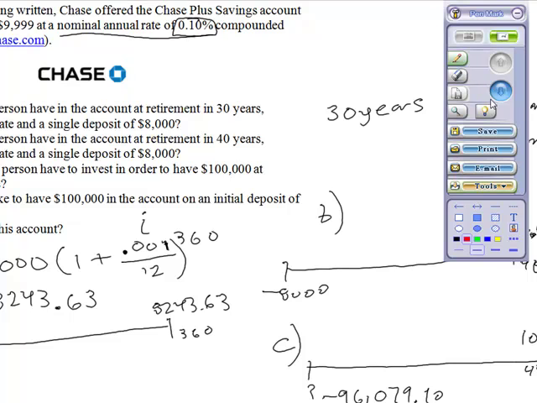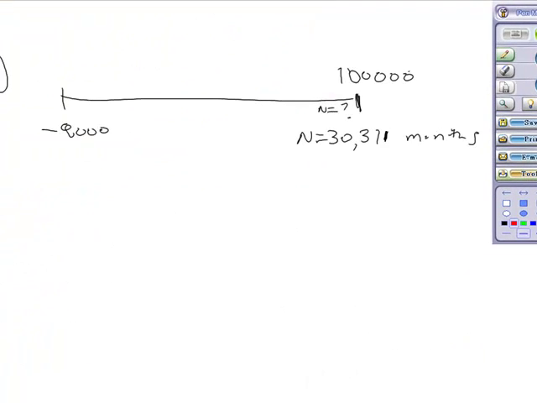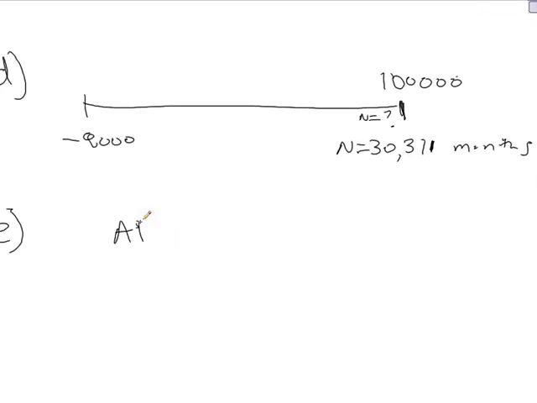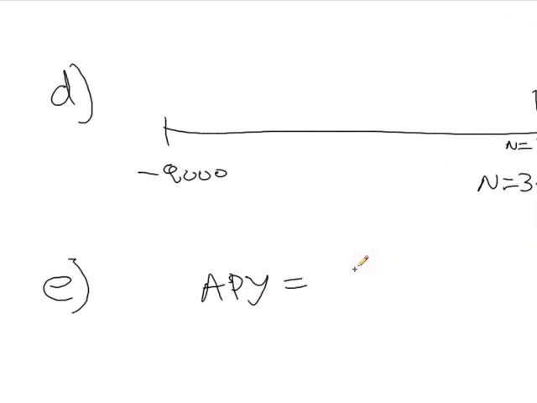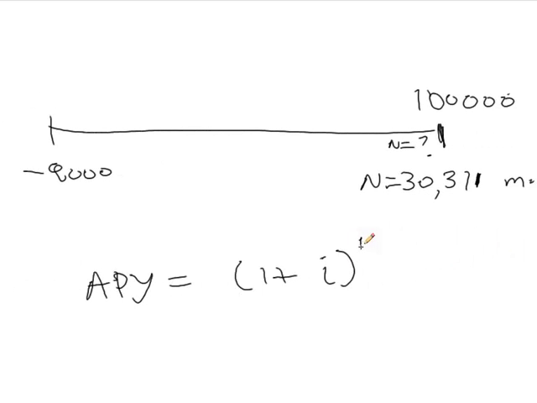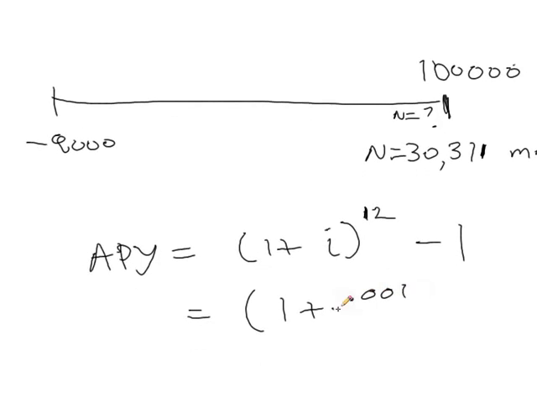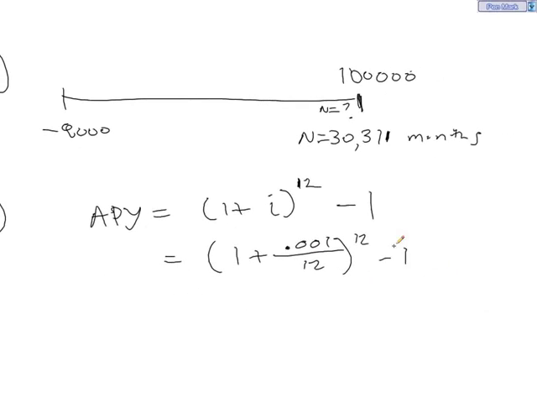Finally, what is the APY on this account? Well, APY formula we know is equal to 1 plus the periodic interest rate. Now, since this is compounded monthly, this will be to the 12th power for 1 year. Subtract away 1. So I is going to be our APR, written as a decimal, divided by 12, raised to the 12th power, minus 1.